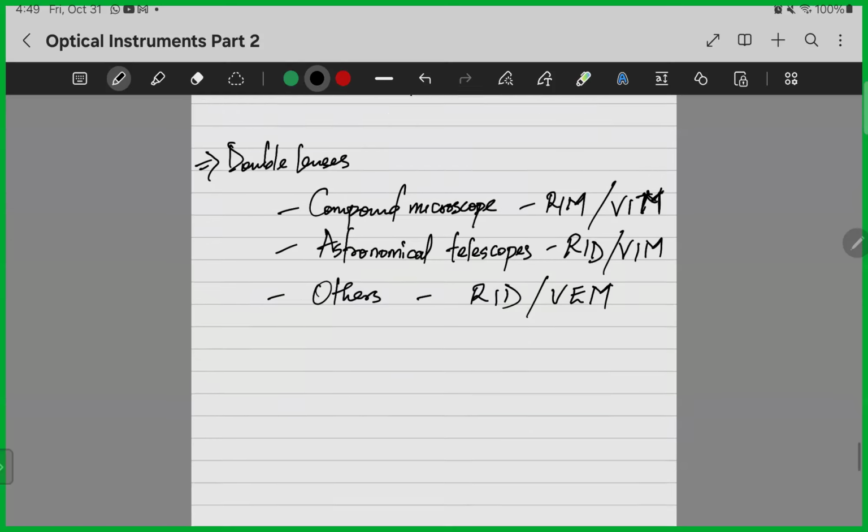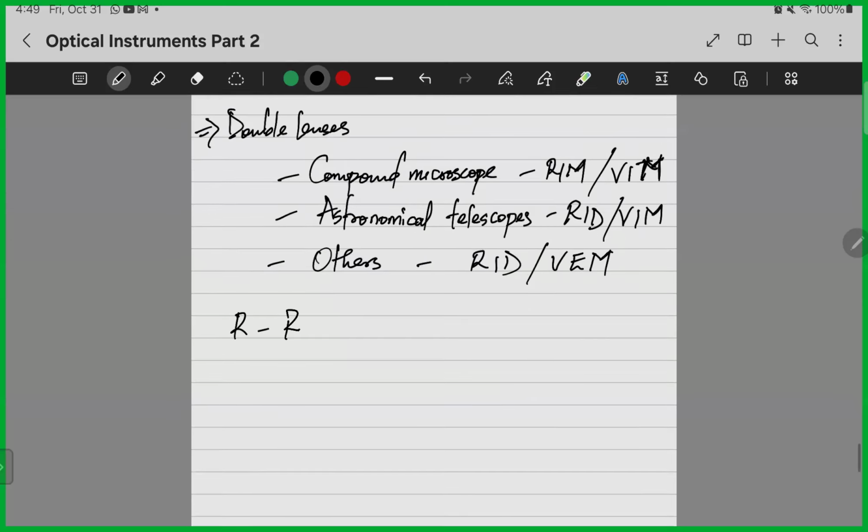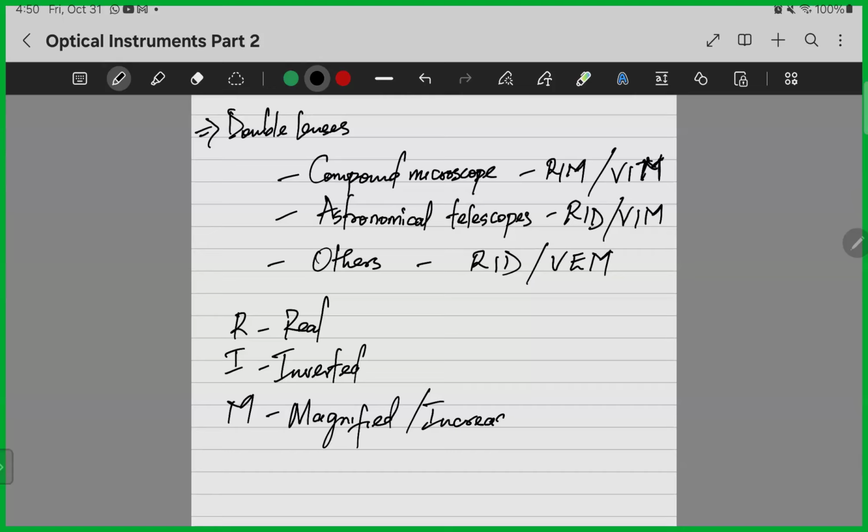So the idea here is that R stands for real, I stands for inverted, M stands for magnified. Magnified means increased or enlarged in size.